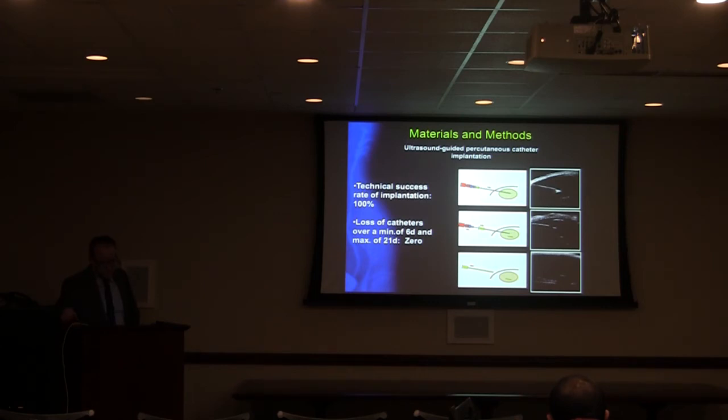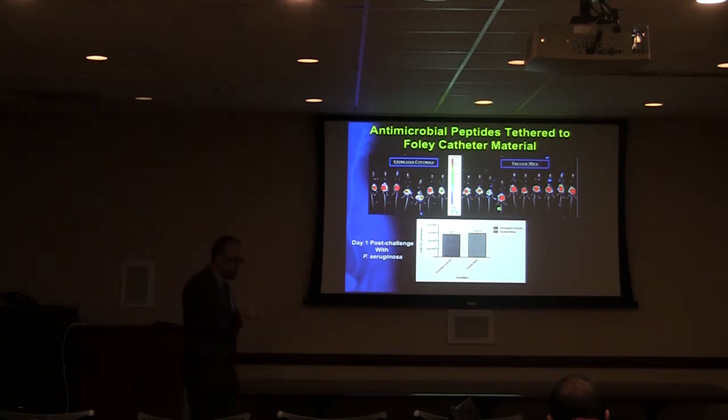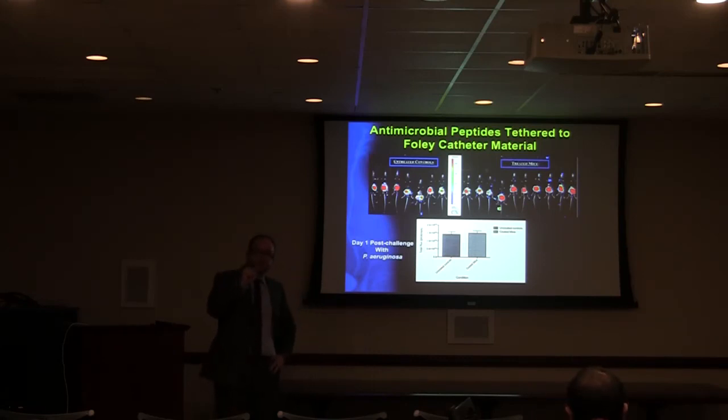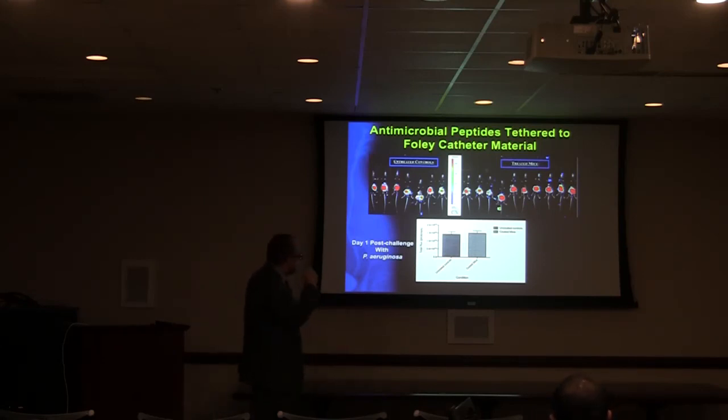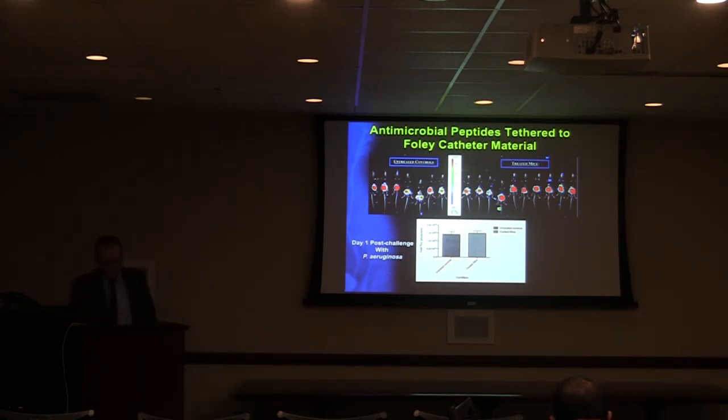And so we just recently used this to test antimicrobial peptides linked with polymer brushes to catheter materials. As you can see up top, you've got untreated control animals and treated animals. This is day one, basically just showing you that all the animals had infection.